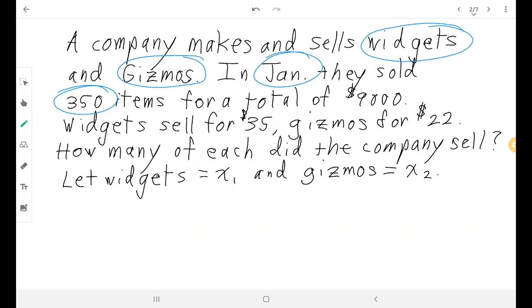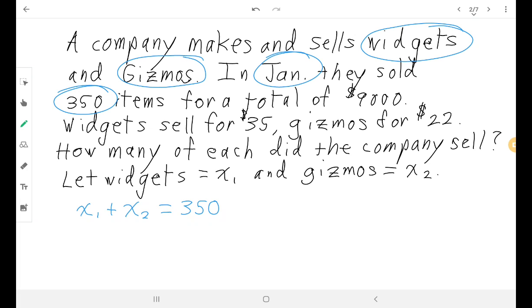So widgets are x1, so that's the amount of widgets, plus the amount of gizmos. Gizmos are x2. And when we add how many we sold together, we get 350 total items that we sold. Okay?